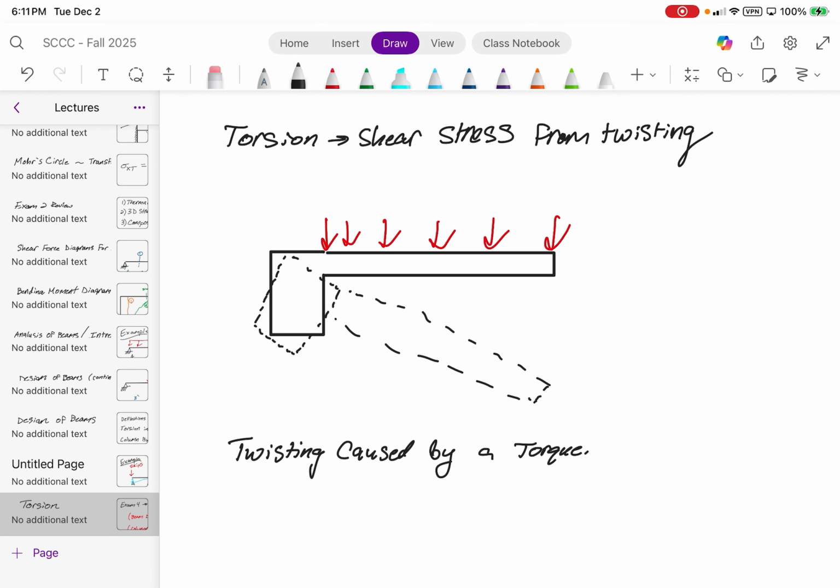Now, we could do a bunch of algebra and small angle approximations, and we basically find from this geometry that the tangent of the angle gamma is equal to the radius times phi over the length of the shaft, this being the length. And then because it's small, it's approximately equal to the shear strain.